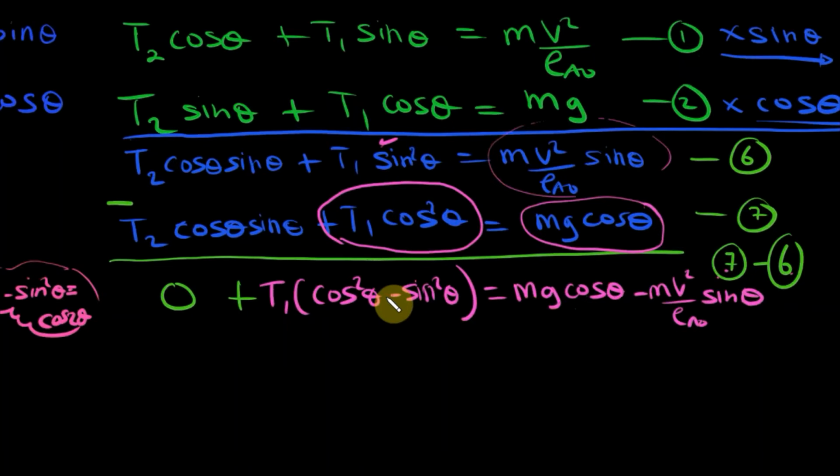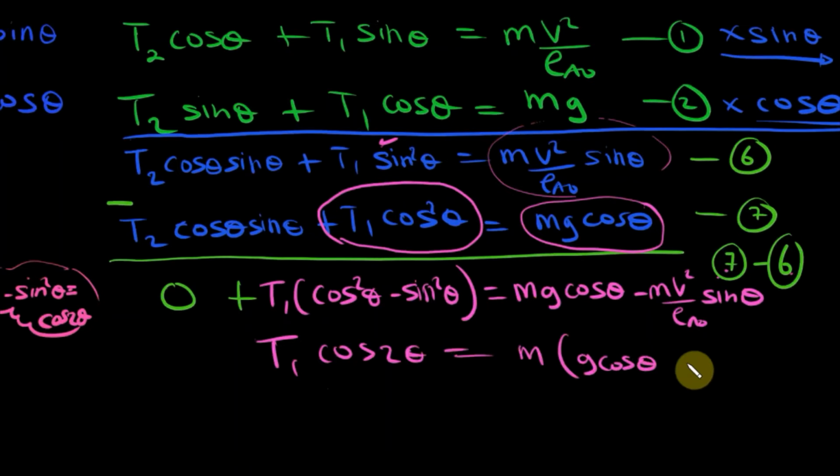Cos squared theta minus sine squared theta is the same thing as cos 2 theta. So this equation reduces to T1 cos 2 theta is equal to mg cos theta minus v squared over LAO sine theta.